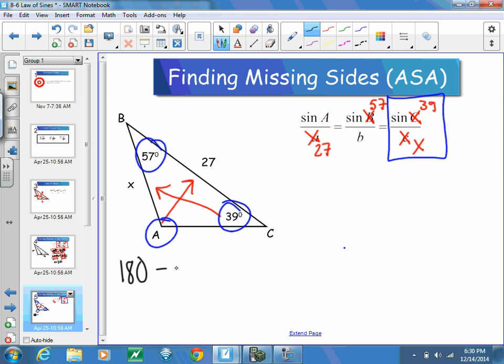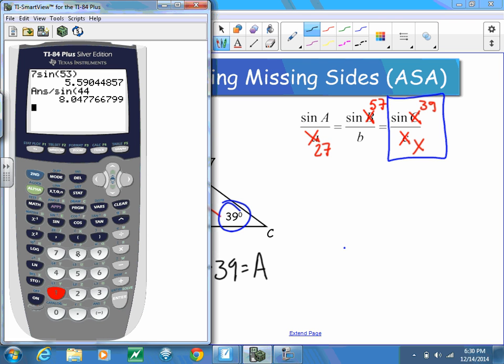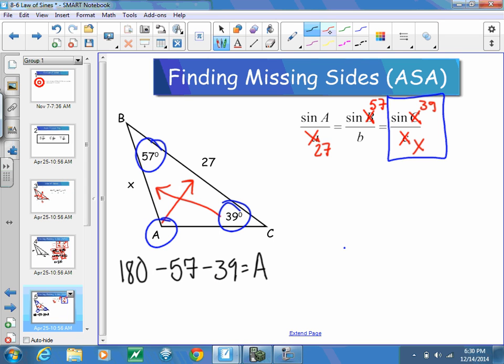So take 180, subtract 57, and subtract 39, and I end up with 84 degrees. So angle A has to be 84.